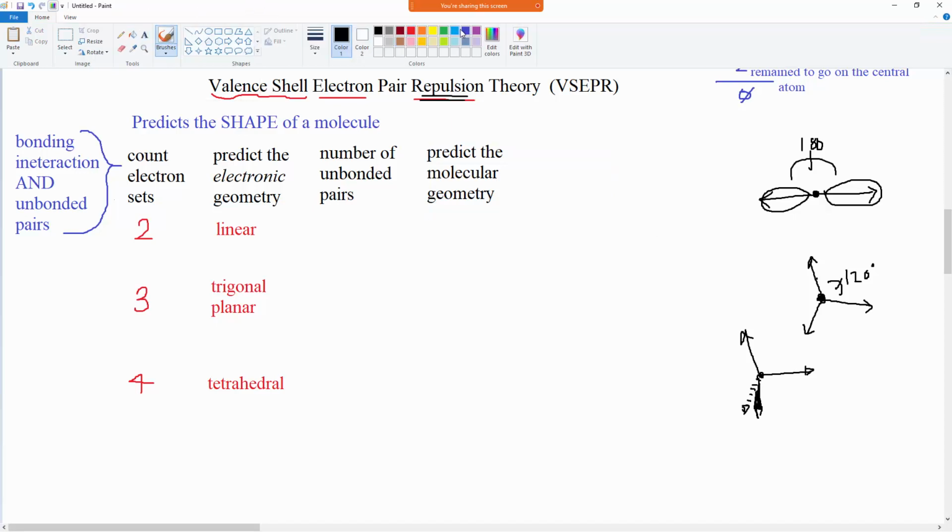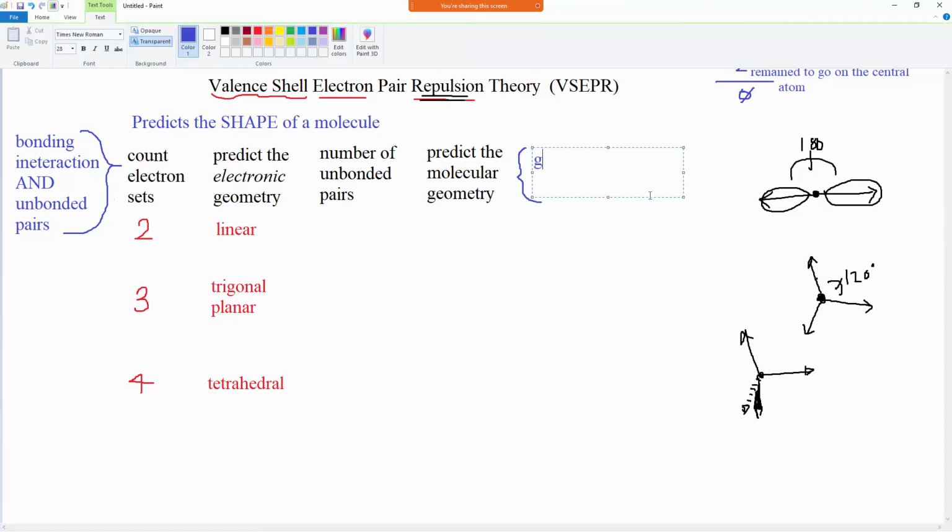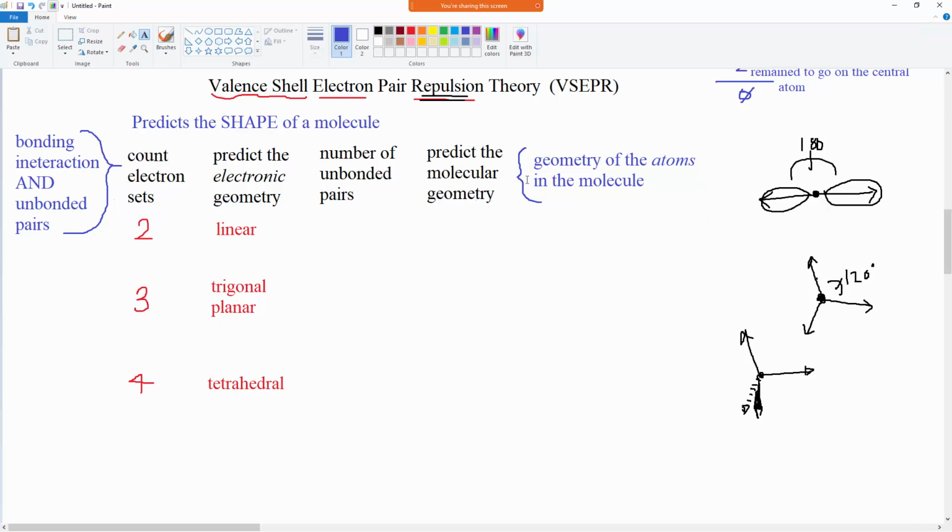That is as opposed to the electronic geometry, which is the geometry of the electron sets attached to it. Does that distinction make sense? So the spatial arrangement of the atoms in the molecule, that's the molecular geometry.